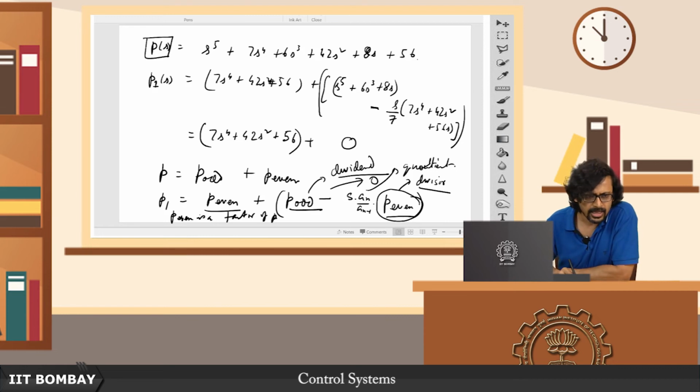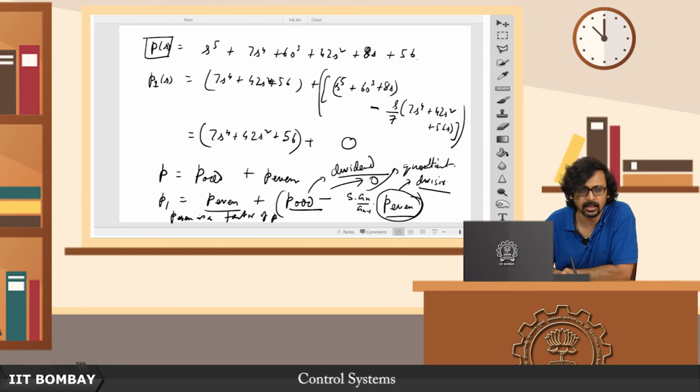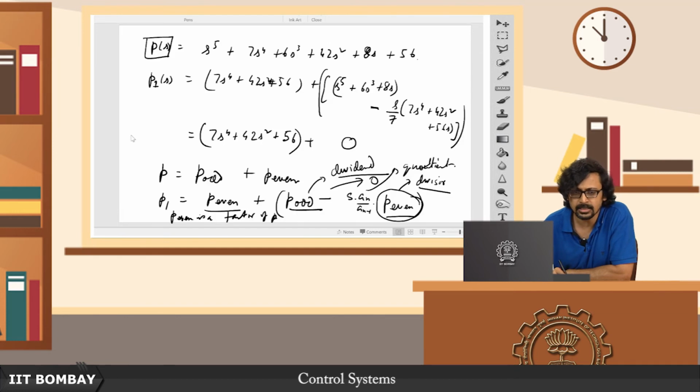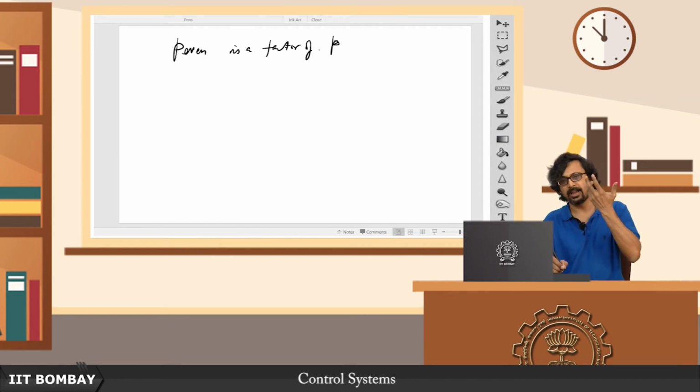So in general here, we'll just talk about this particular case, but it could be the other way around as well. So what this means is that this p even is a factor of p.